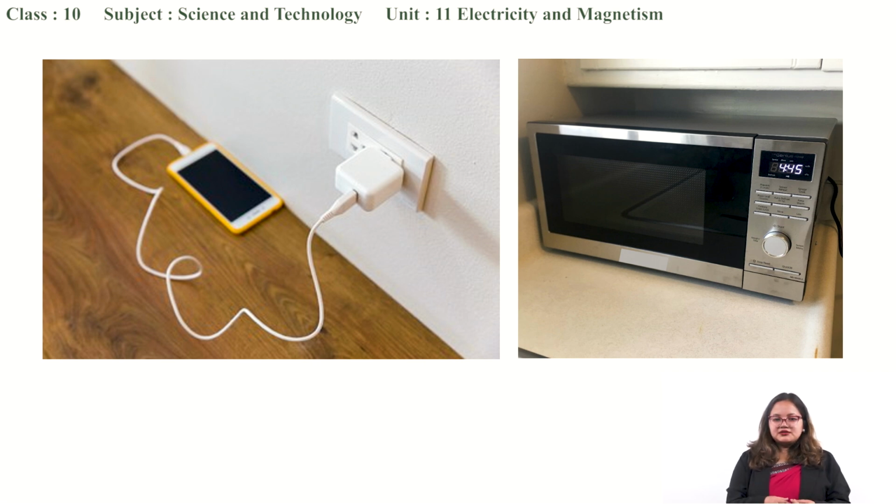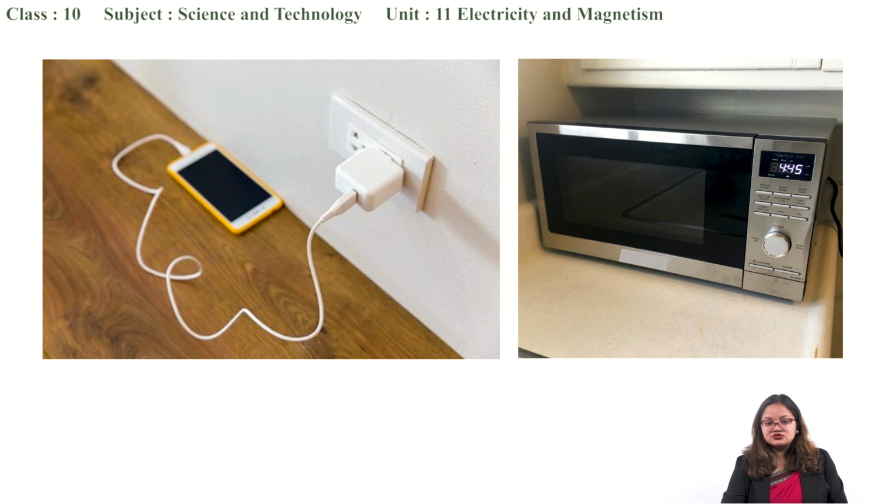In the second image, you can see it is a microwave oven, and we use this oven for cooking food, heating food and all, right? So this oven requires more than 2000 volt, meaning it requires higher voltage to do its work efficiently. And in our house, the power supply is 220 volt.